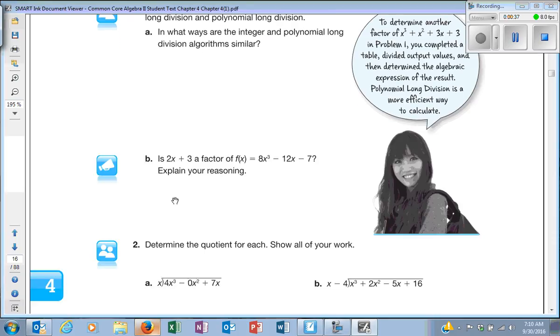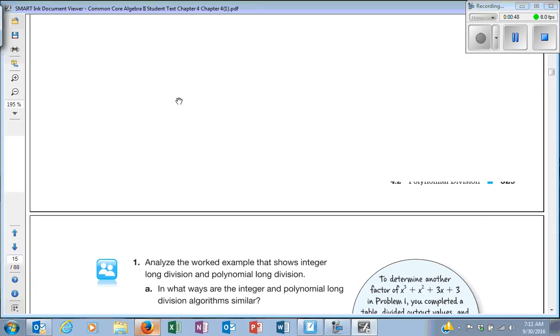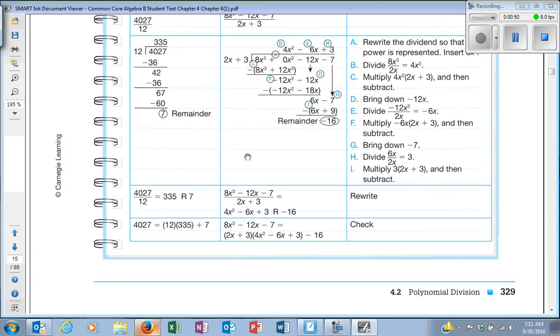The question that I really want to get to is, is 2x plus 3 a factor of 8x to the third minus 12x minus 7? Is it a factor? If I go back up here and I look, how come I know this is not a factor? Because it has a remainder, it means it doesn't go into it what? Perfectly. Evenly, I don't like the way it's saying that, because that sounds like it goes into it 2, 4, 6, 8, 10, like that's evenly.